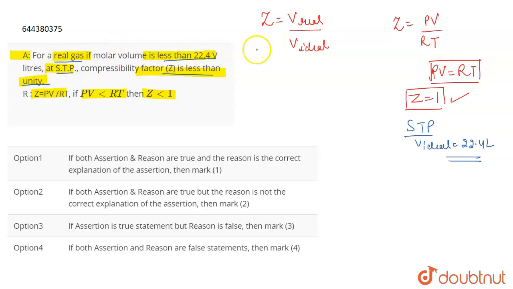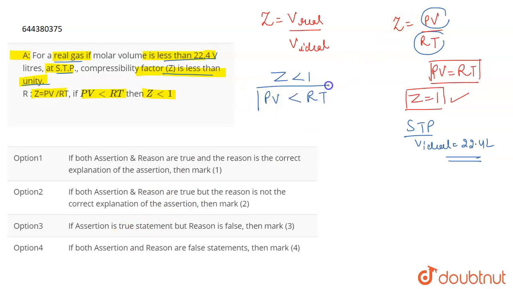So what happens when Z is less than 1? You have PV equal to RT for the ideal case. So to make Z less than 1, it will happen when PV is less than RT.